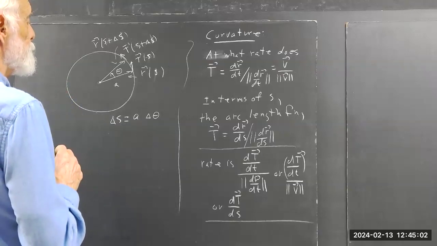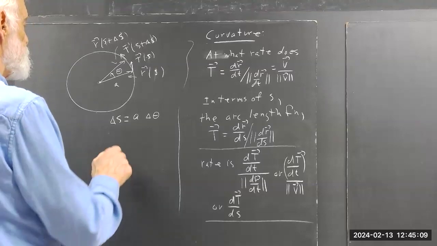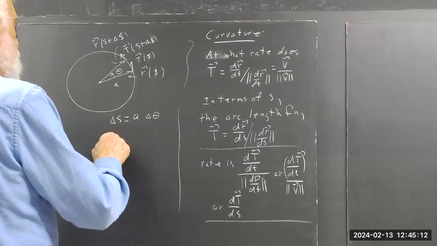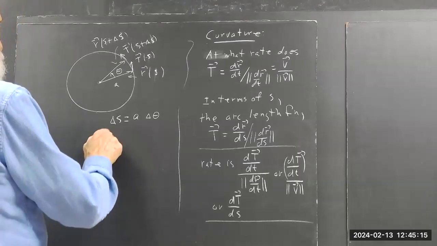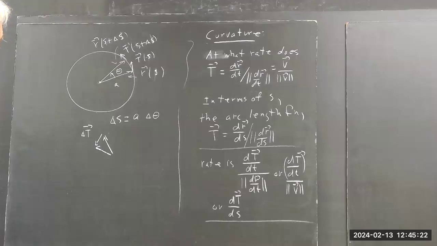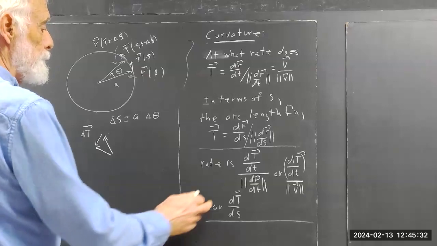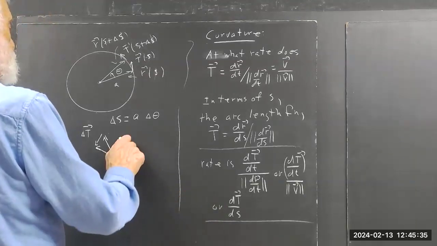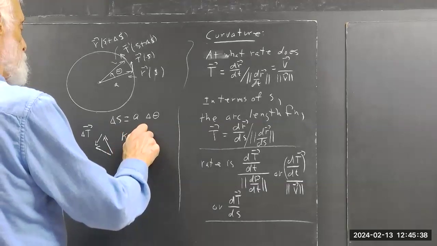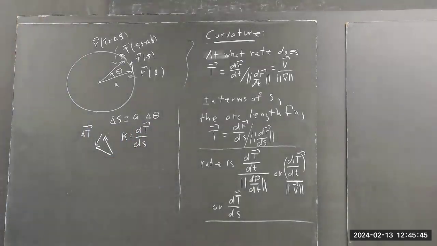And now the unit tangent vector brings up your delta T. Curvature, the derivative of T with respect to s. Curvature is the rate of change of the unit tangent vector with respect to s.